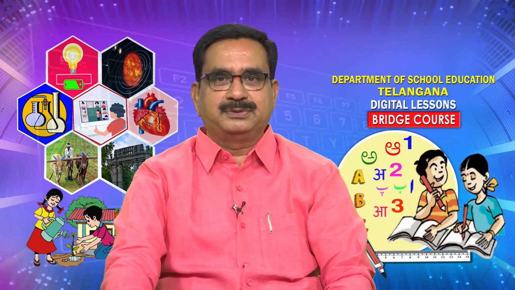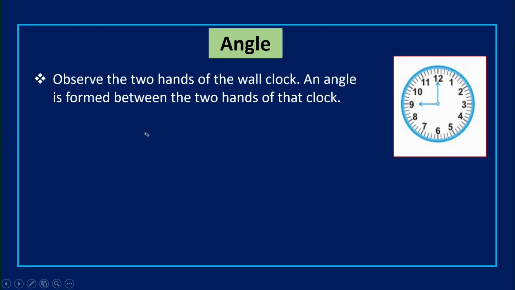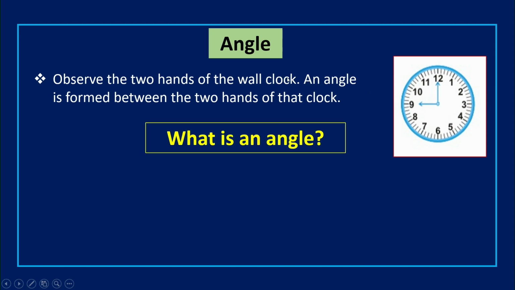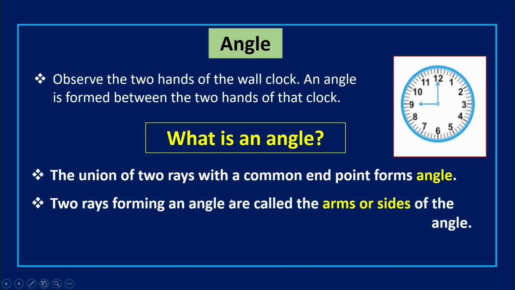Now we are going to discuss the types of angles. Observe the two hands of the wall clock. An angle is formed between the two hands of the clock. What is an angle? The union of two rays with a common end point forms an angle. The two rays forming an angle are called the arms or sides of the angle.